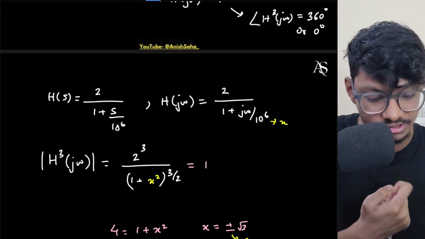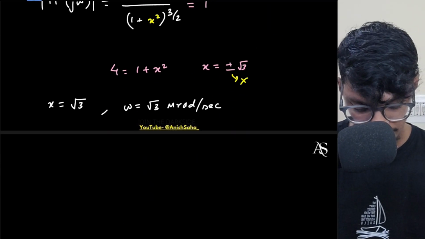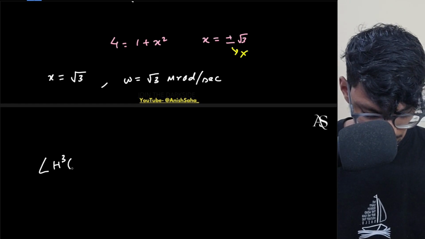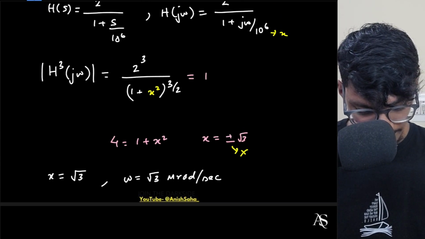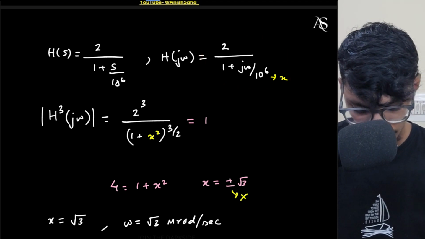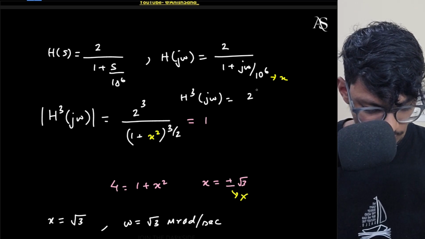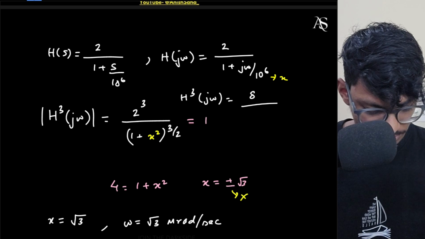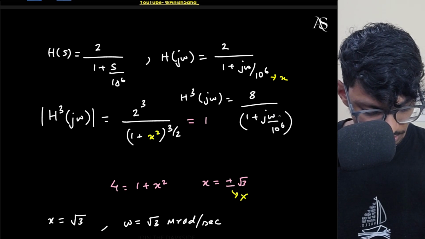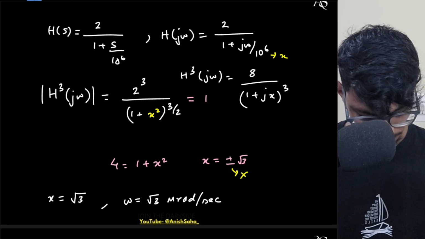Now I will determine the phase condition. Both conditions must be satisfied. Obviously magnitude needs to be 1 and phase needs to be 360 or 0 degrees. So now I compute the phase of this H cube of j omega, right? Now the transfer function is simply this, this whole cube. H cube of j omega is simply 2 cube, 8, divided by 1 plus j omega over 10 raised to power 6, or for now I can simplify this to 1 plus jx, whole cube.